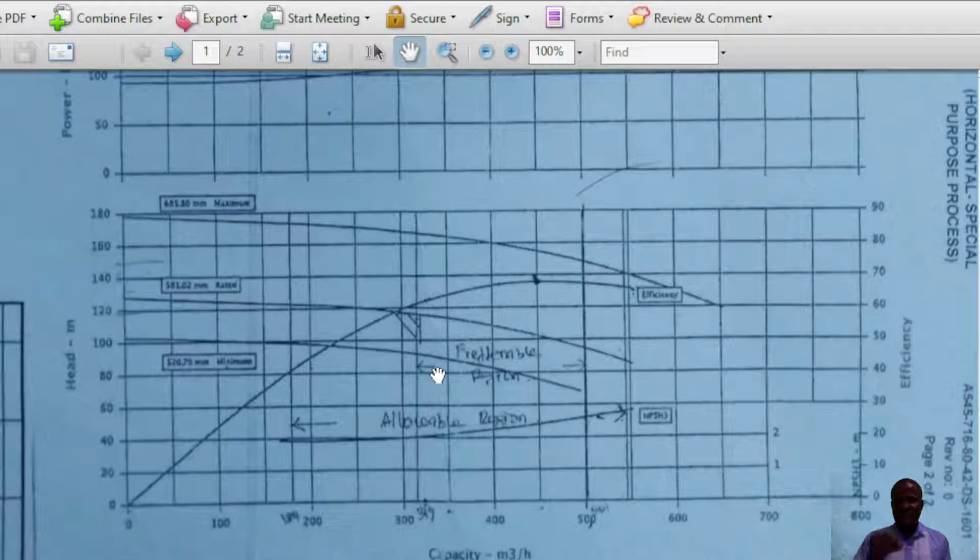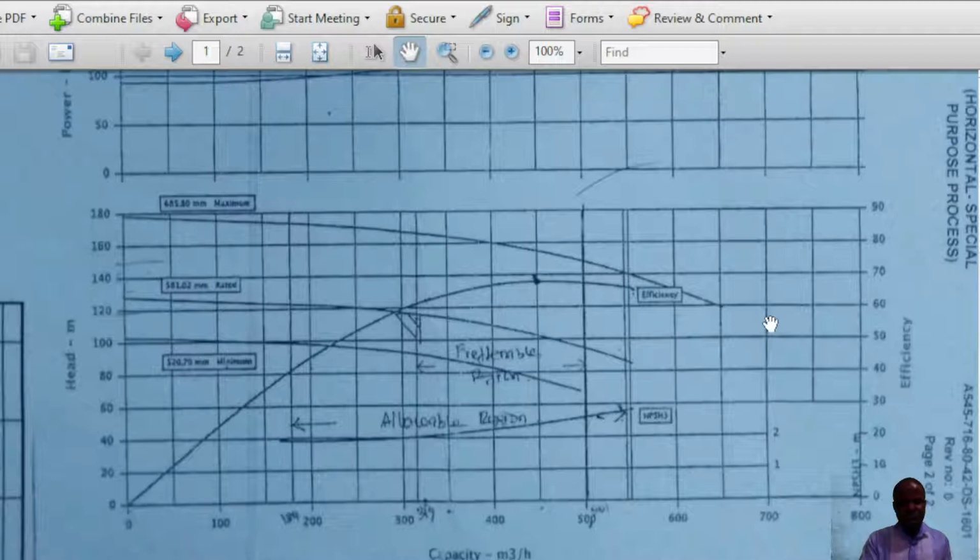We said you check pump acceptability for 5% head increase by taking the head at maximum impeller diameter. Now these are the pump curves.